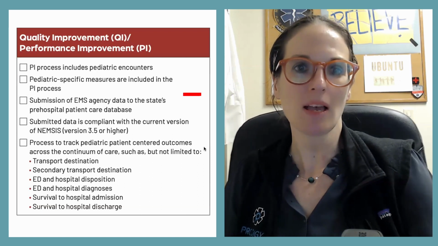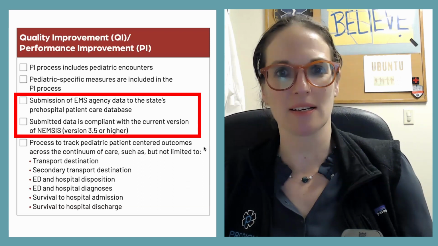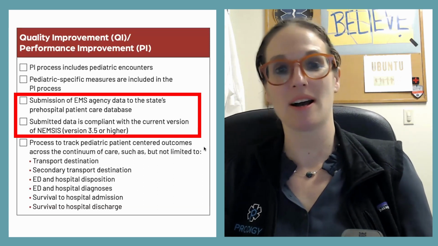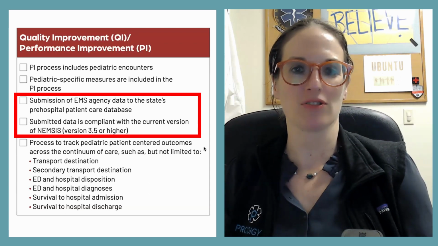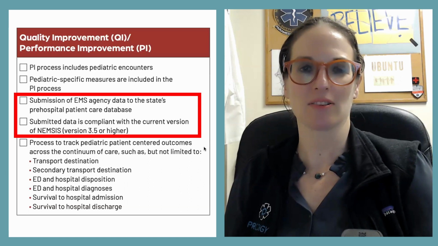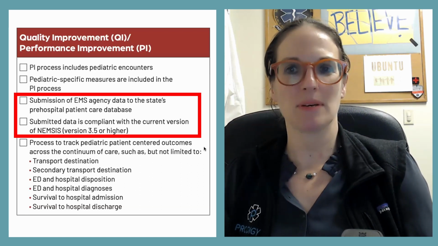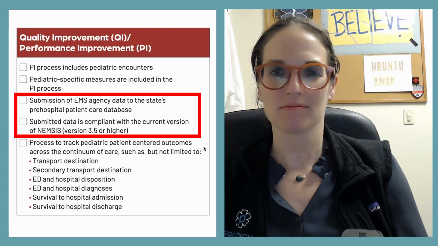So the next two items are some pretty sexy data things, which are submission of EMS data to the state's prehospital care database, and that submitted data is compliant with the current version of NEMSIS 3.5 or higher. So how do you know if your agency is submitting data to the state database and is NEMSIS compliant?